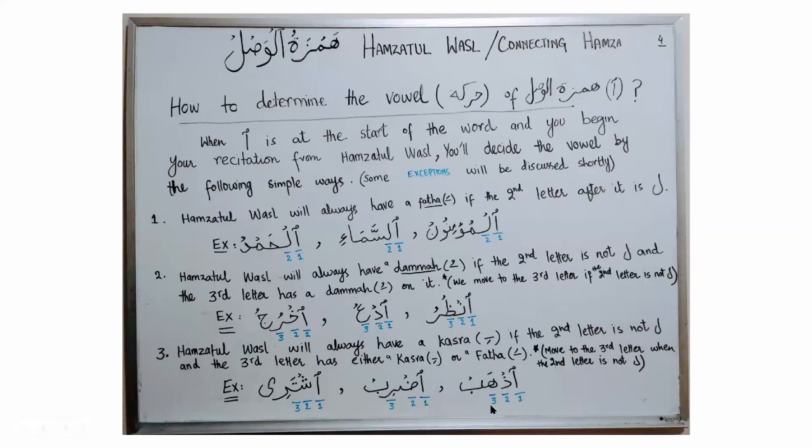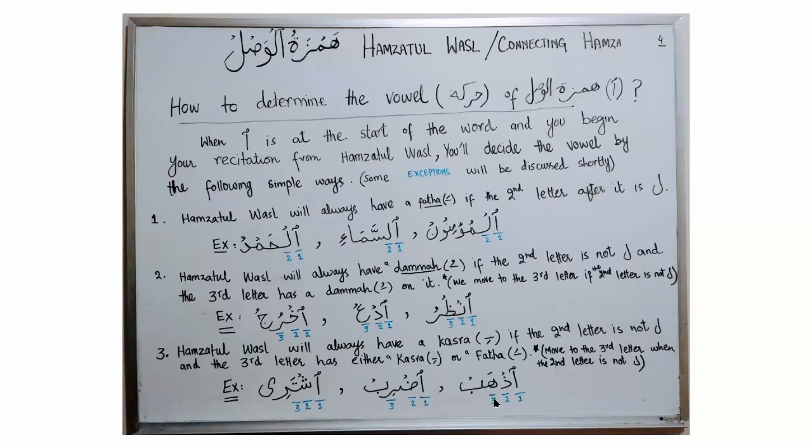In the third case, if the second letter is not lam and you move on to the third letter, that does not have a dhamma. When the third letter does not have dhamma, it will either have a fatha or a kasra. In both situations, if the third letter has a kasra or fatha, you will always put a kasra on Hamzatul Wasl.